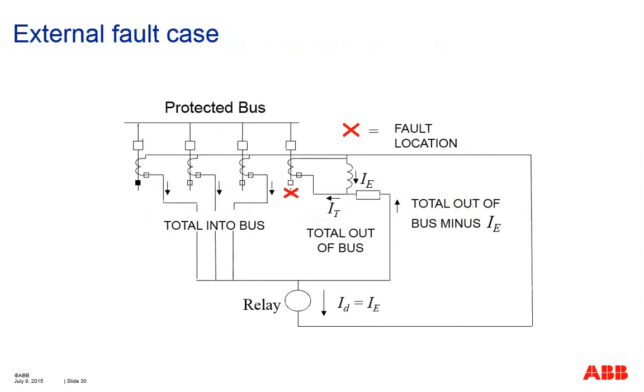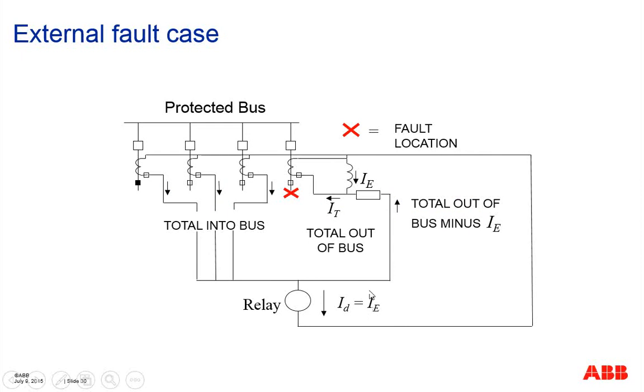As you can see, for the external fault, you have all the current coming out, and this is basically a differential circuit. As you notice, as soon as any one CT saturates, the current going through the excitation branch will become your differential current, effectively.